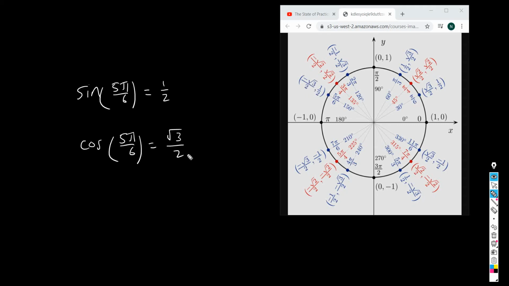So we say that the sine of 5 pi over 6 radians is just the y coordinate of this point, which is 1/2. And the cosine of 5 pi over 6 radians is just the x coordinate of this point, which is minus the square root of 3 over 2.